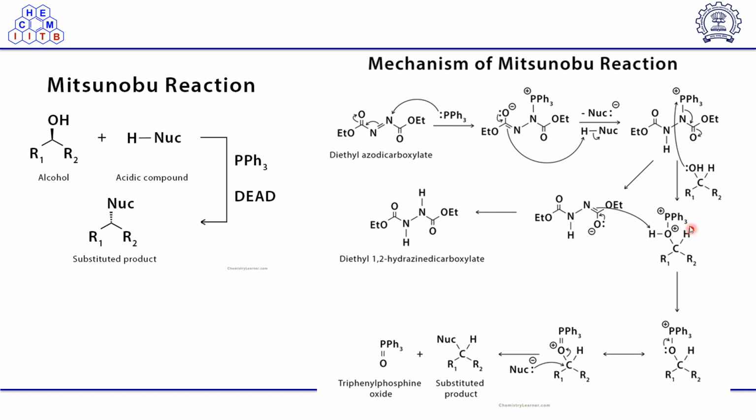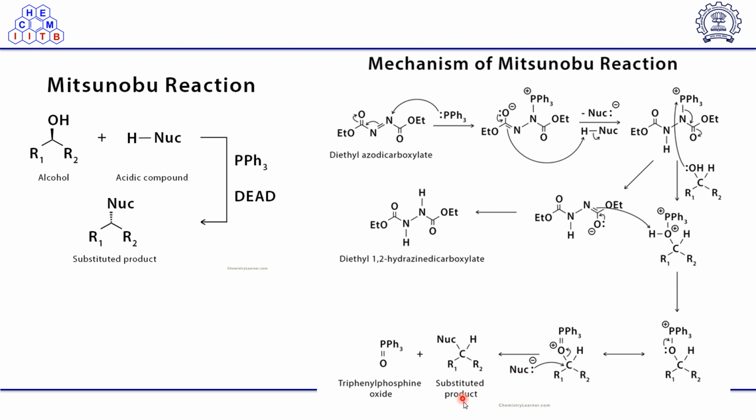Then in the next step, this oxygen bound with PPh3, due to its strong affinity, will eliminate as a stable triphenylphosphine oxide, and we will get the substituted product by the attack of this nucleophile. As we can see, the nucleophile will be attacking this carbon in an SN2 manner, that is, from the opposite face of this oxygen.